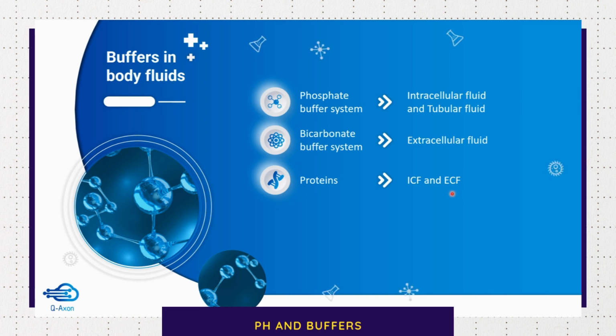In extracellular fluid, especially hemoglobin, because hemoglobin has the amino acid histidine, and since the concentration of hemoglobin is quite high, it forms a very important buffer in extracellular fluid. Then there is the ammonia buffer system, again very important for tubules in kidneys.